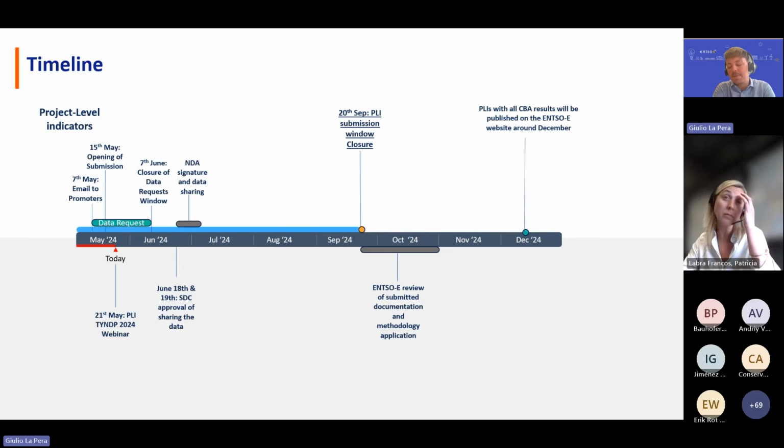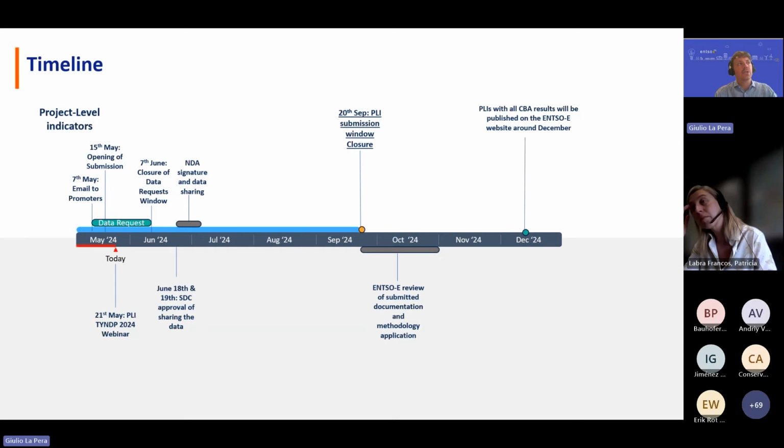In the email, you received the link to download the form to request this data. Then we will close this window, and the committee will have to approve the sharing of the data. Following this approval, you will receive an NDA for signature, and once we receive the NDA, we will share the data with you.